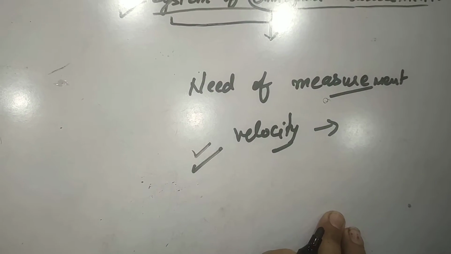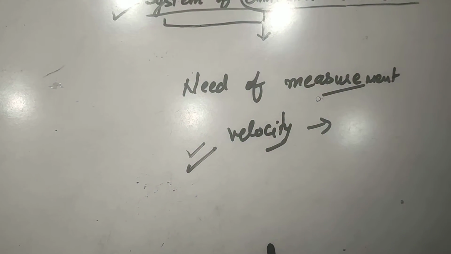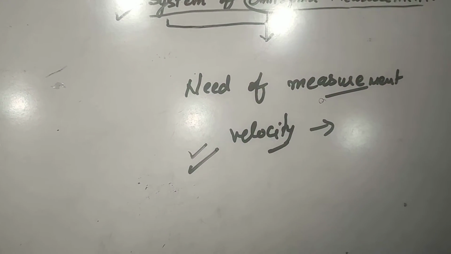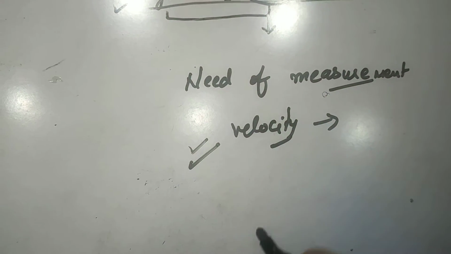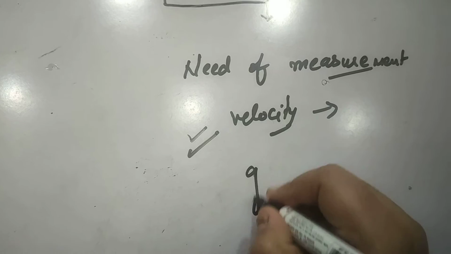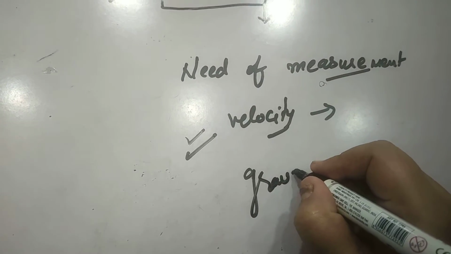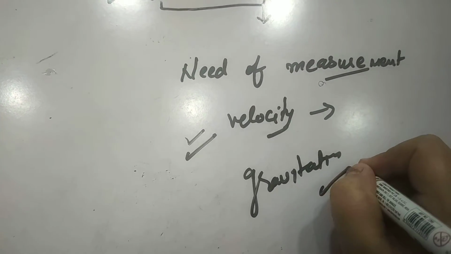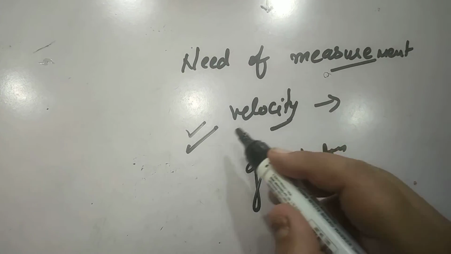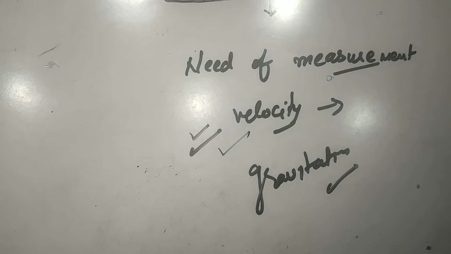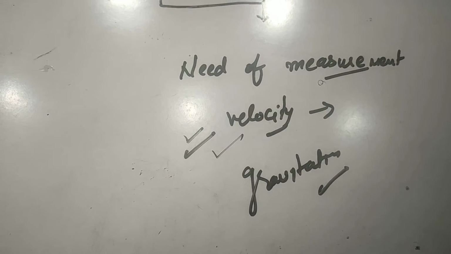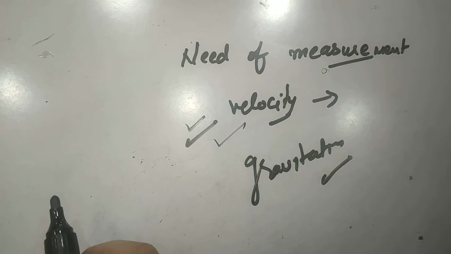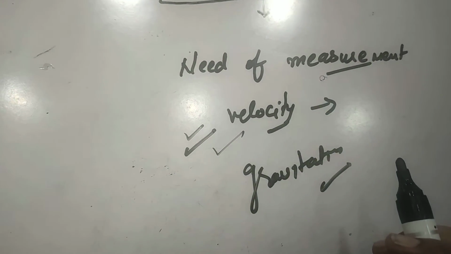And to answer these questions, we need to measure them. We need to measure the gravitational force due to which the body is falling downward. We need to measure the velocity with which it is falling down, and the mass of the body which is falling freely.